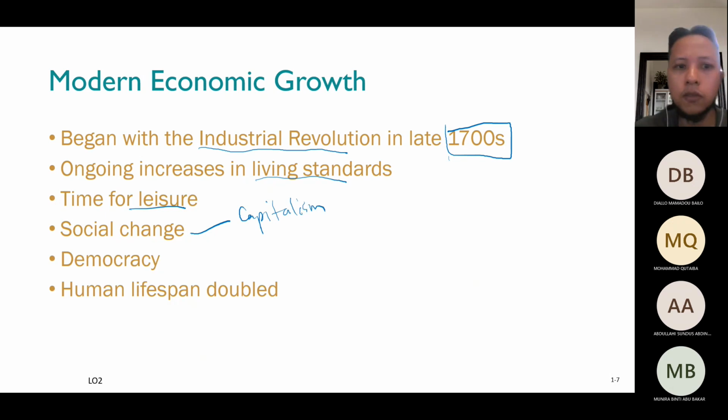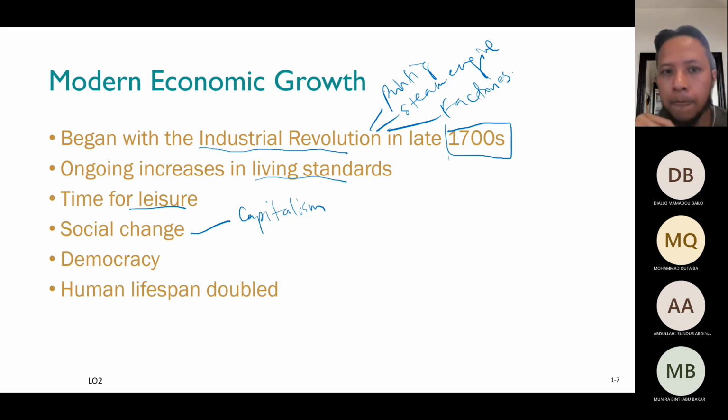Okay, after the Industrial Revolution, it was all about capitalism, because the Industrial Revolution started to develop machines like the printing machine, the steam engine, and then the factories, right? So this was an era of growth during this time, especially in the West, right?